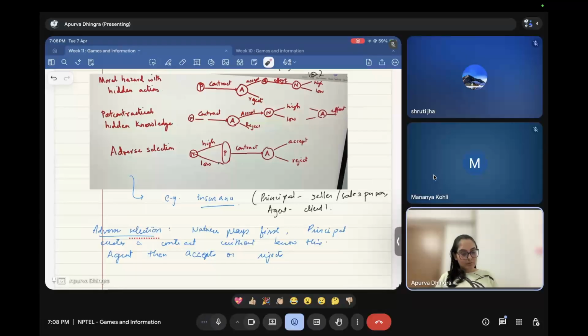So the contract is visible to them, but here the principal doesn't know the state of nature.